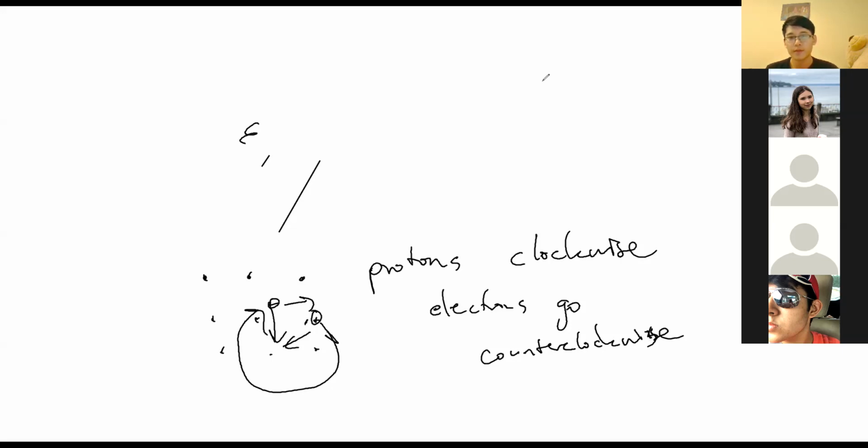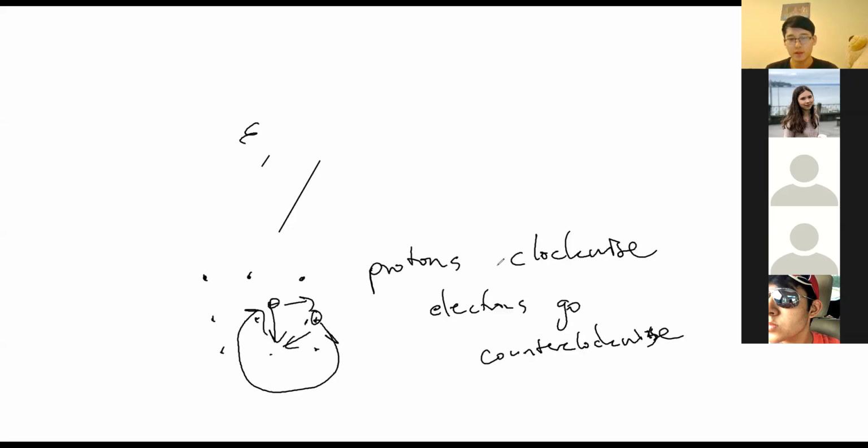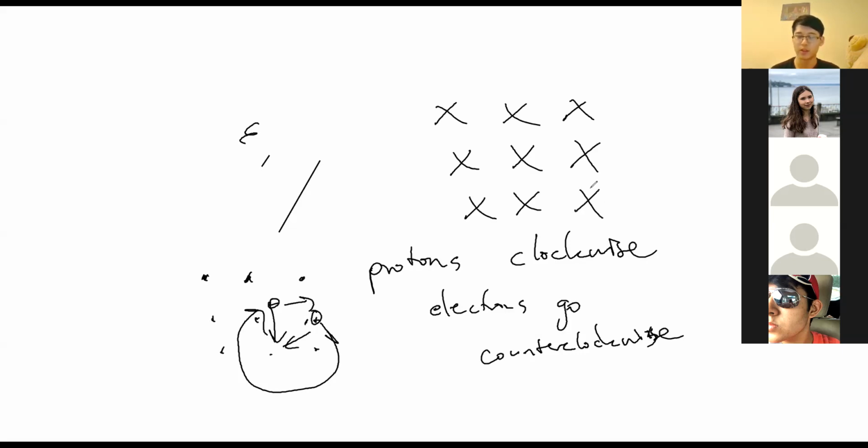So just confirming, protons always go clockwise and electrons always go counterclockwise? All right, so if the magnetic field is pointing out of the screen. I wouldn't memorize it, I would just know how it's derived. If it's going into the screen, it's reversed, because then your middle finger is pointing into the screen.